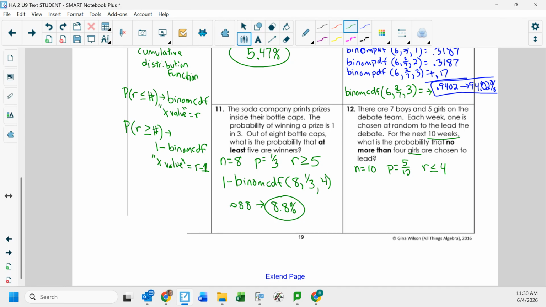Remember, for a less than, we just do a regular binomial CDF. So I can do binomial CDF 10, 5/12. And when I do the regular binomial CDF, I just use my R value at the end, so 4.